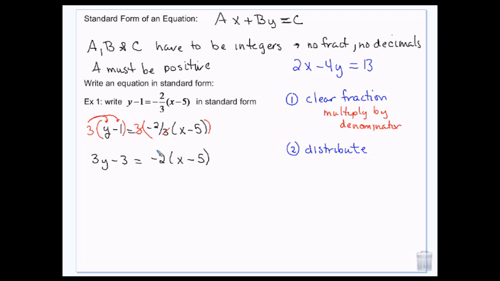So then I'm going to distribute this negative 2. And it's the negative 2 that gets multiplied in, so I don't lose the negative. So it's 3y minus 3 is equal to negative 2x plus 10.